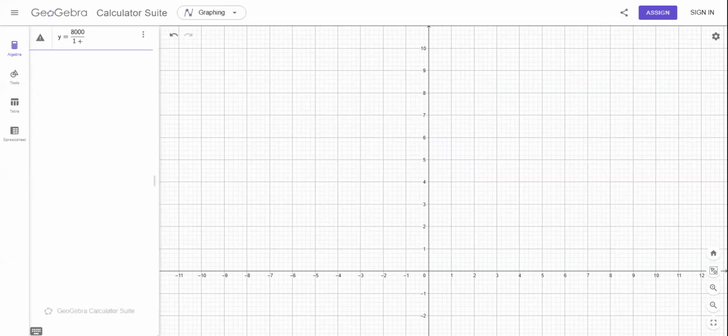Okay, 1 plus, and then it was 7999 e raised to the negative kt? Was it negative kt? I can check. I'm sorry, no k. Or was there a k? Did I drop a k off of there somewhere?